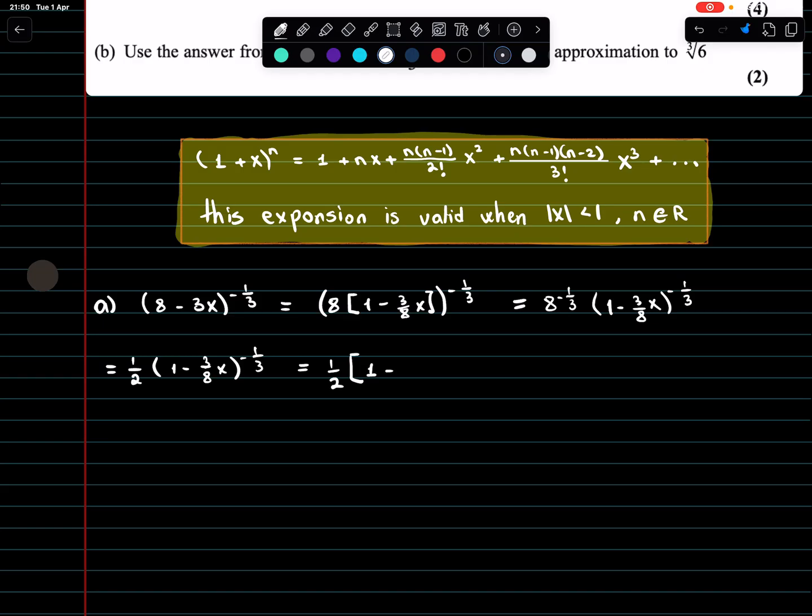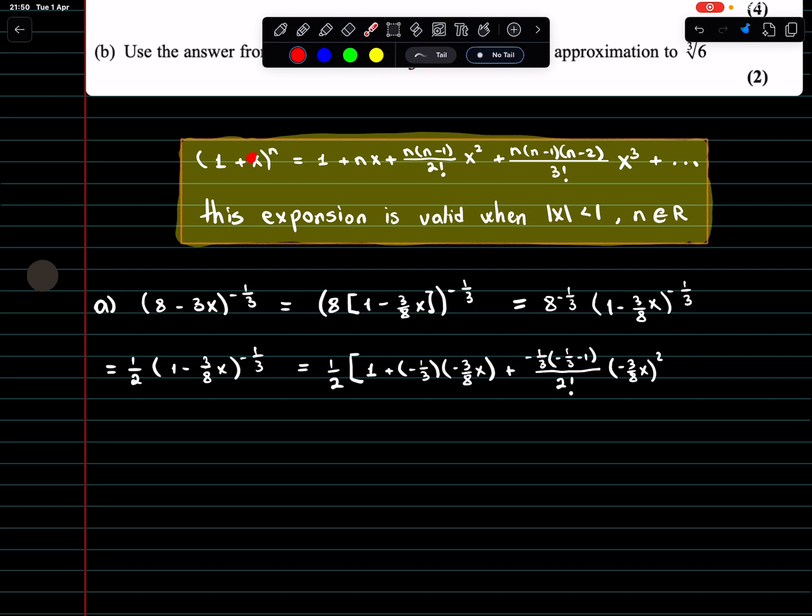There will be a 1 and there will be n times x. n is negative 1/3, multiplied by x, where x is negative 3 divided by 8x all together, and then plus n times n minus 1 divided by 2 factorial, times x squared. So our n is negative 1/3, and then negative 1/3 minus 1, divided by 2 factorial, multiplied by negative 3 over 8x all together squared.